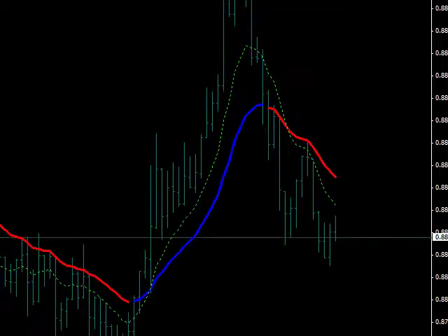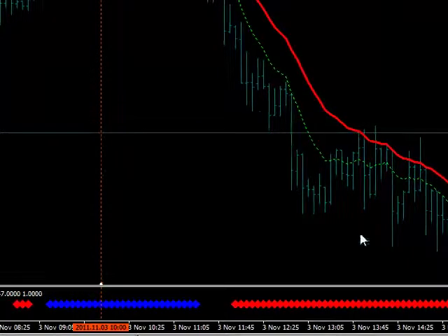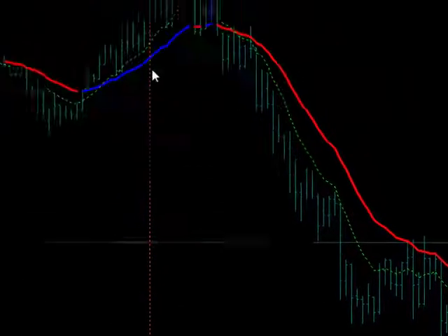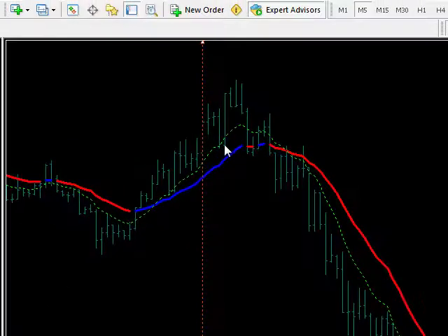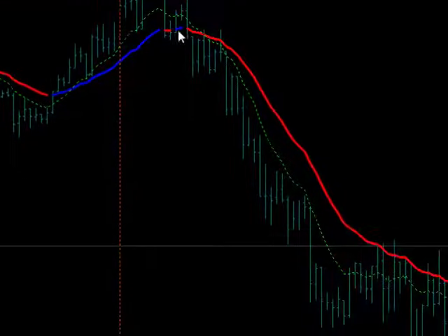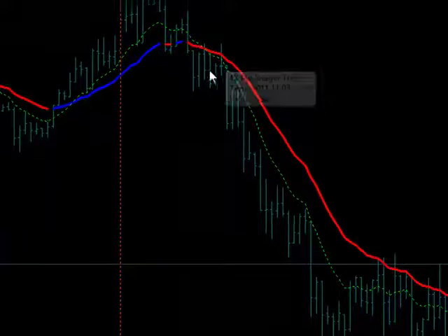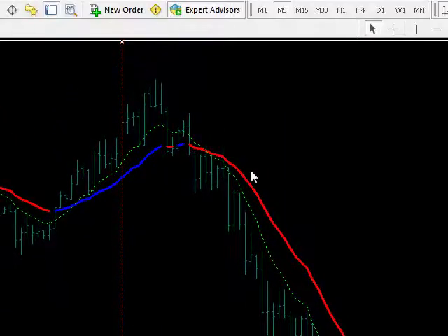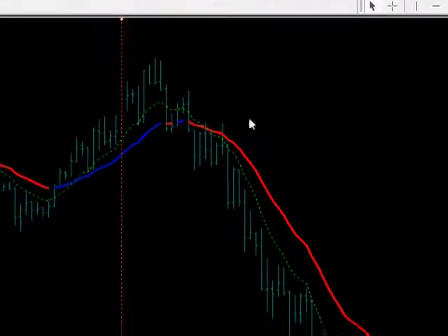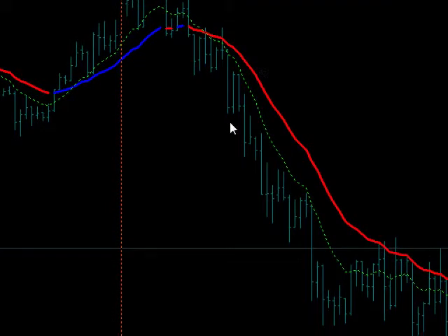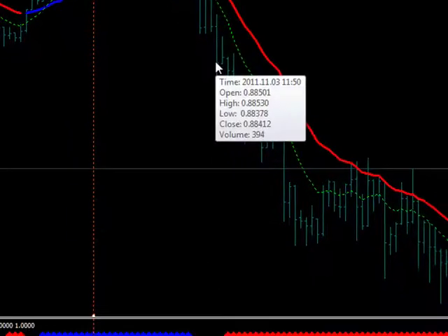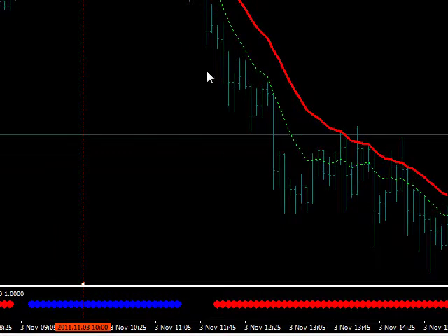Let's look at the US dollar Swissy now. Here's our 10 o'clock GMT, blue in the filter. I guess you could have bought a dip right here. It didn't get very far. Then when it rolled over and played dead, it was black in the filter and turned red somewhere down in here.